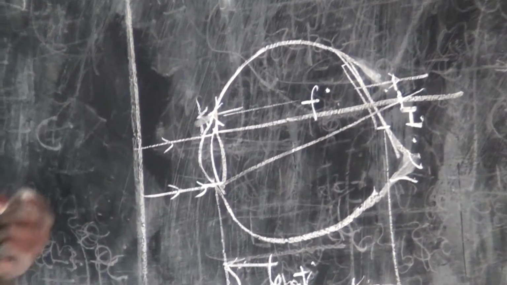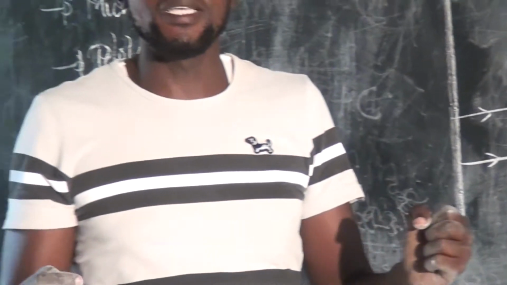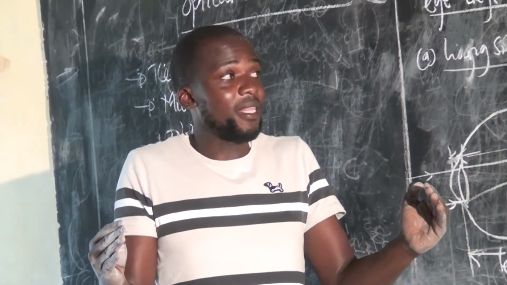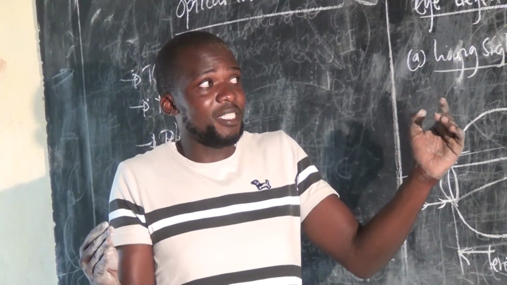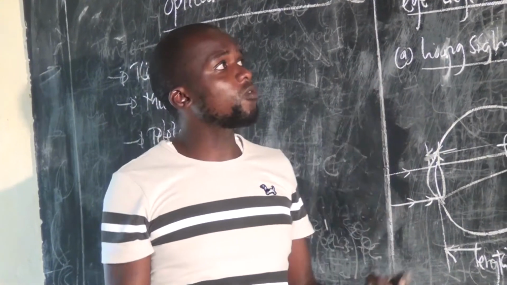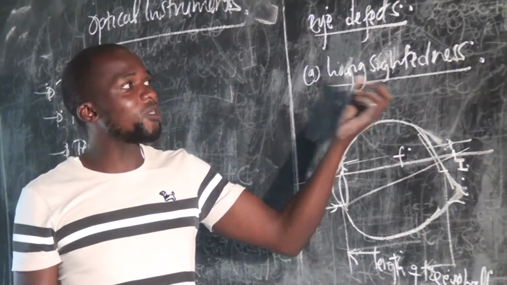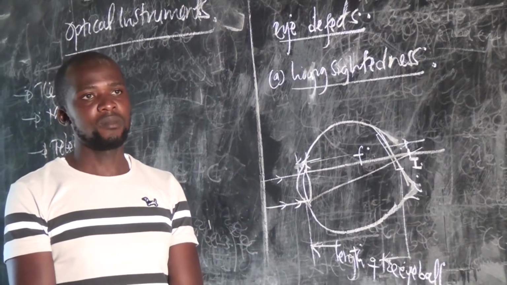It's as if I'm converging it 2 times. I converge it first, so that by the time it reaches the other lens, it is converged more. So in the correction of long-sightedness, you need a converging lens.